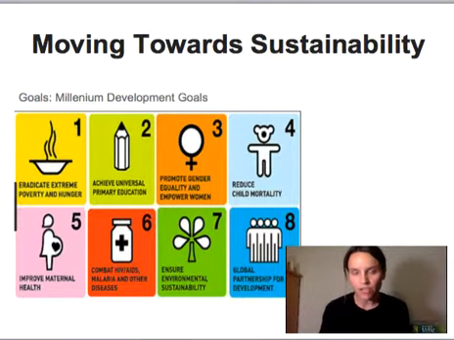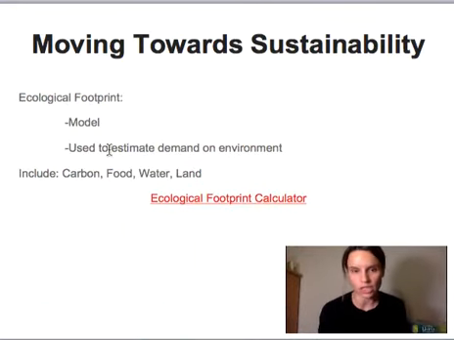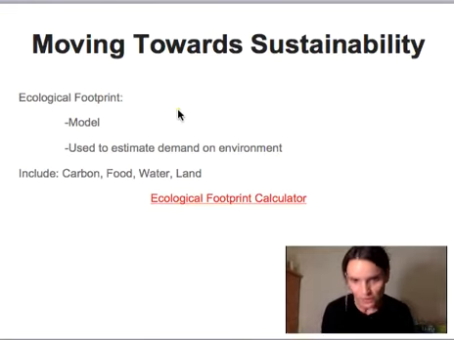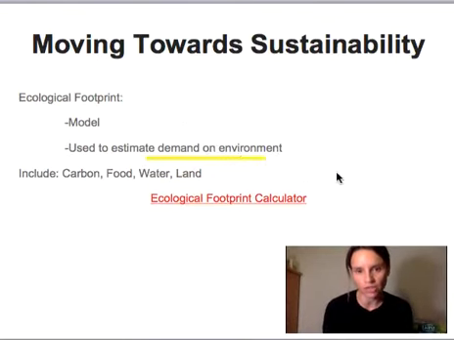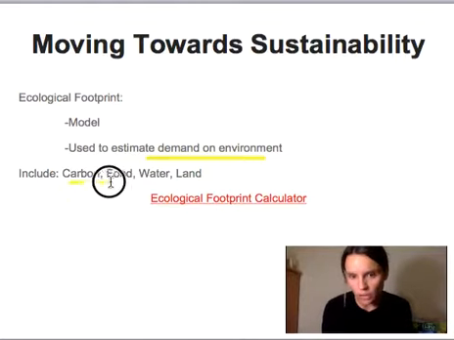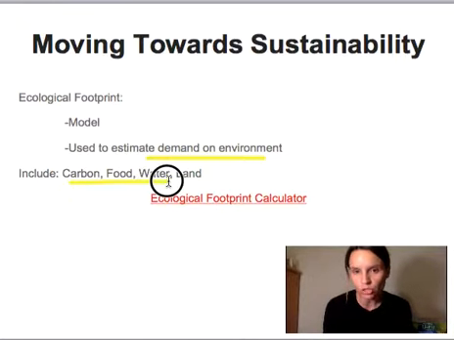If you're interested in your own personal sustainability, you can calculate what's called your ecological footprint. It's a model that has to do with estimating your demand on your environment. It looks at how much carbon you use, how much food you consume, how much water you consume, and how much land you use.